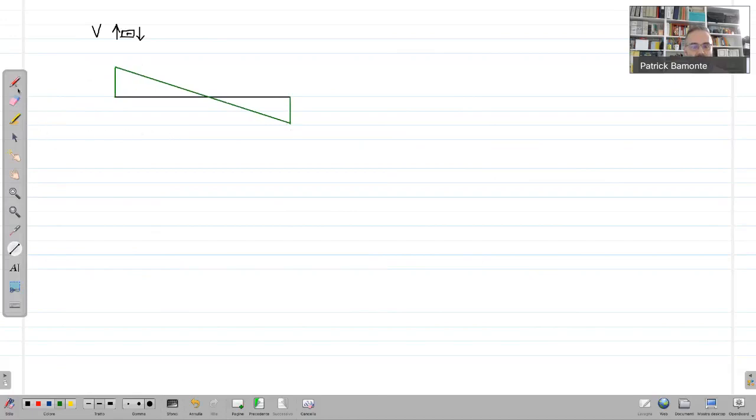As it always happens in beams where there is a distributed load, the shear diagram is a straight line. Values which should be specified are PL divided by 2 and minus PL divided by 2. Here you put a plus and here you put the minus. This is a diagram which gives all the information I need in order to know whether you got it right. Then there is the bending moment.